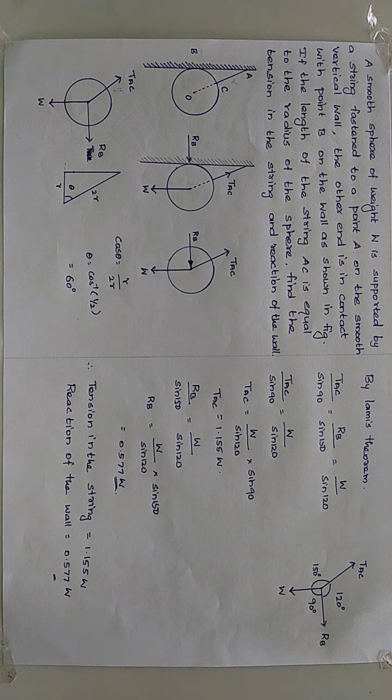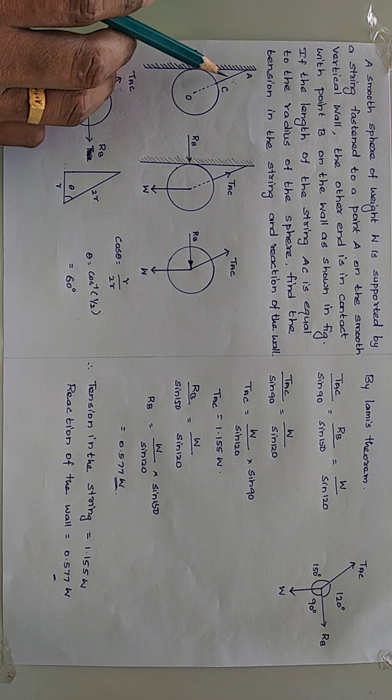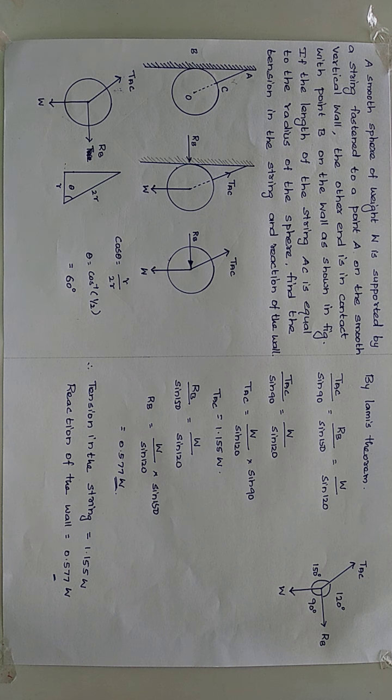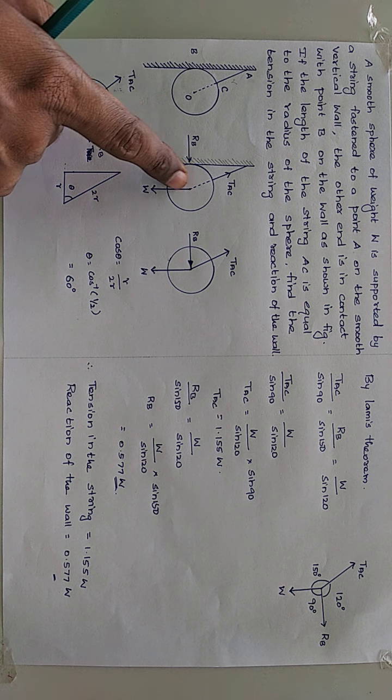First we have to understand what forces are acting on this. Here there is one wall, one string, one sphere. The sphere's weight is acting downward, isn't it?